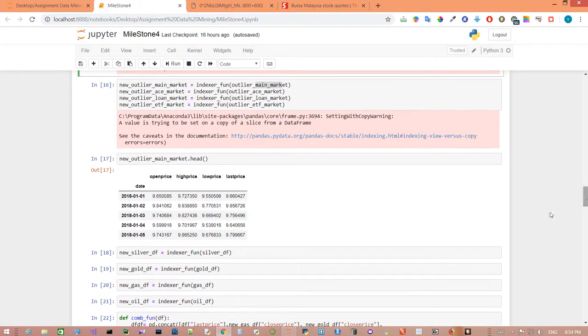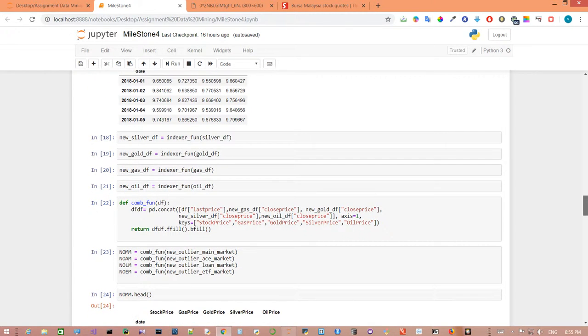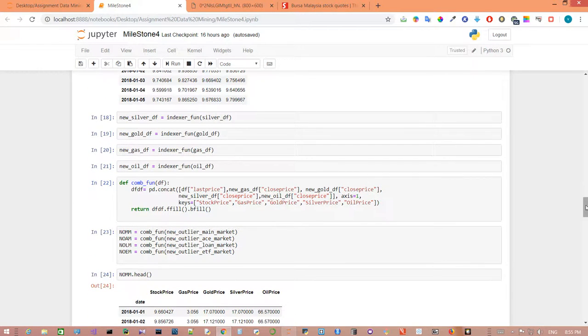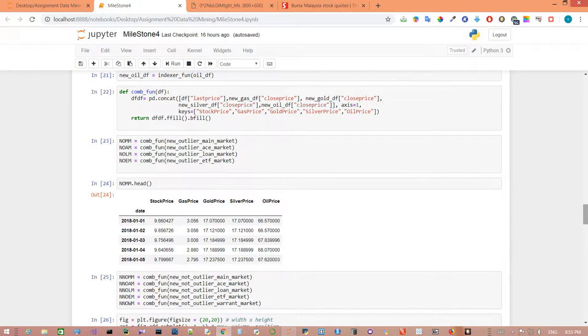Okay, and this is the head of our main market of outlier data. And yeah, I'm calling the indexer function here, and to be able to do some comparative analysis, I should combine all of the data with each other. So I am creating this nice combine function, which can concatenate the last price of each data frame that is fed to this function, combined with gas, gold, or silver, and all data.